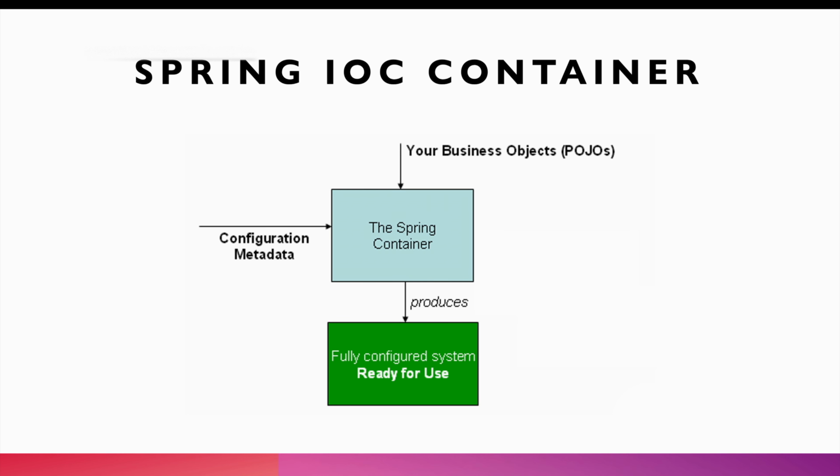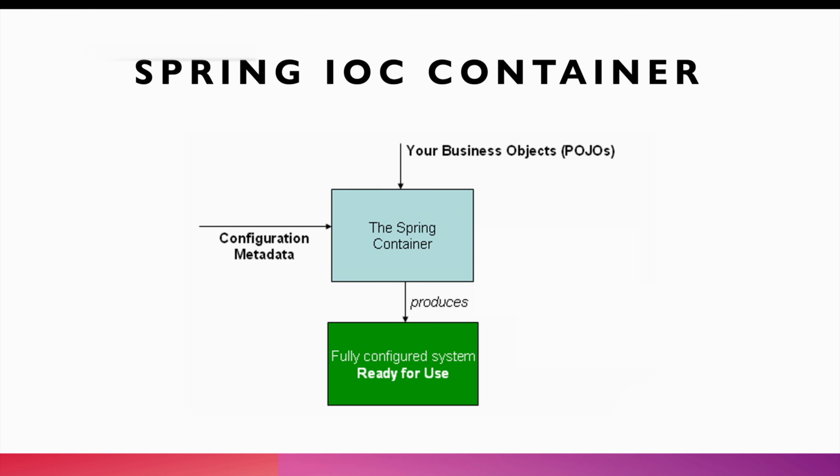Okay, so a simple explanation of IOC is when you have someone else create objects for you. In this diagram you can see I'm only passing my business objects POJOs, or just configuring them in the metadata file. I'm not creating any object with the new keyword. So IOC is basically when you have someone else create objects for you.